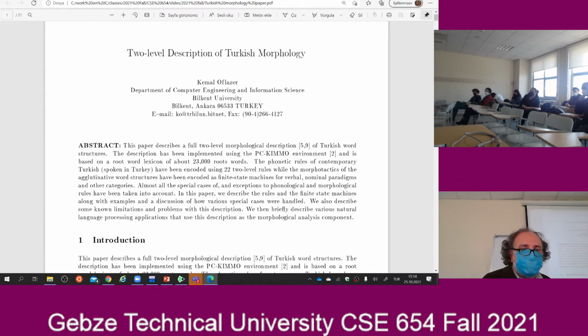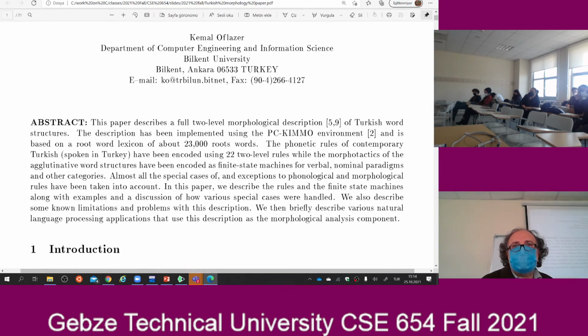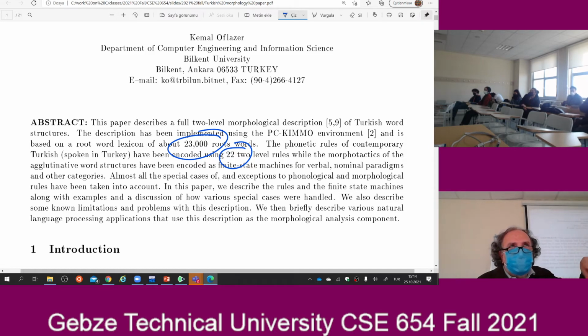He was the first one to implement those, and he says he has 23,000 root words, and there are 22 two-level rules for the orthographic rules, and then he has finite state transducers for the nouns and the verbs. And we are going to see some of them.